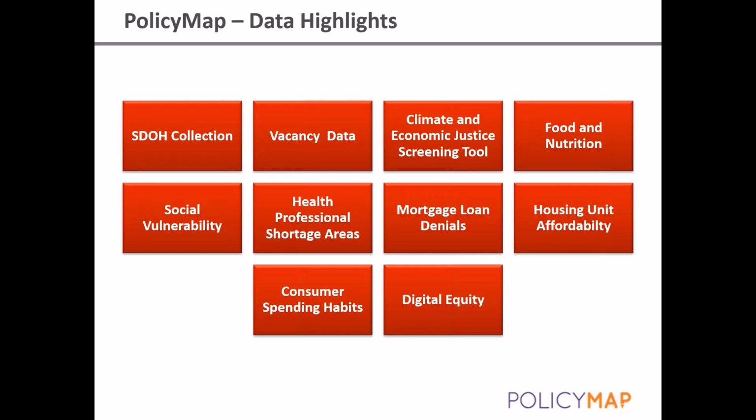So climate change, energy, health, housing, legacy pollution, transportation, water and wastewater, and workforce development. Some of the other data sets that we'll take a look at are data related to social vulnerability, health professional shortage areas, mortgage loan denials, housing unit affordability, consumer spending habits, and digital equity.